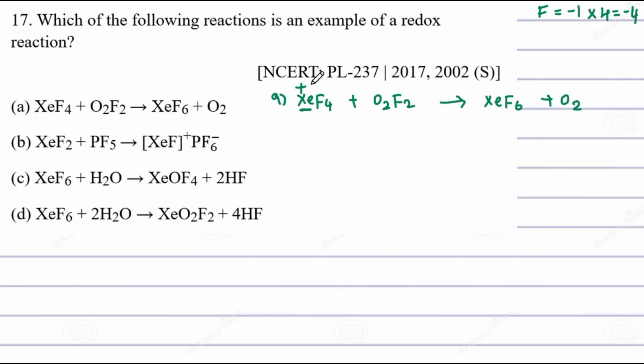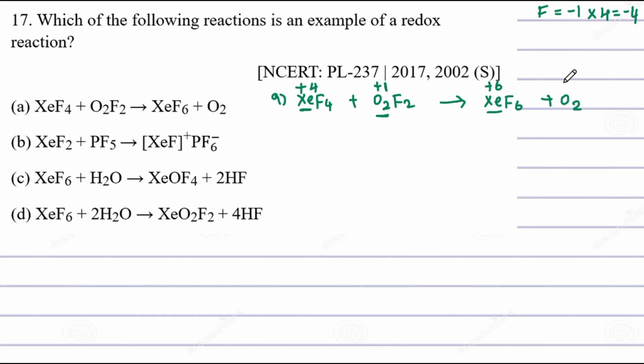So straight away I will write the oxidation states. For xenon it is +4 on the reactant side. Then going to oxygen, 2x plus -2 equal to 0, 2x is equal to 2, x is equal to +1. So the oxidation state of oxygen is +1. Then going to the product, XeF6. 6 fluorine atoms are there, so for xenon, x - 6 = 0, so the value of x is +6.